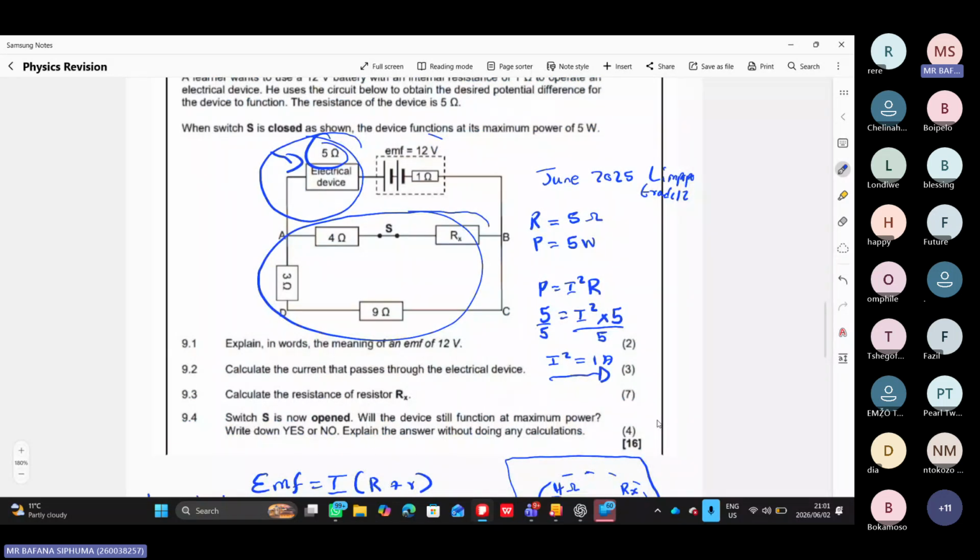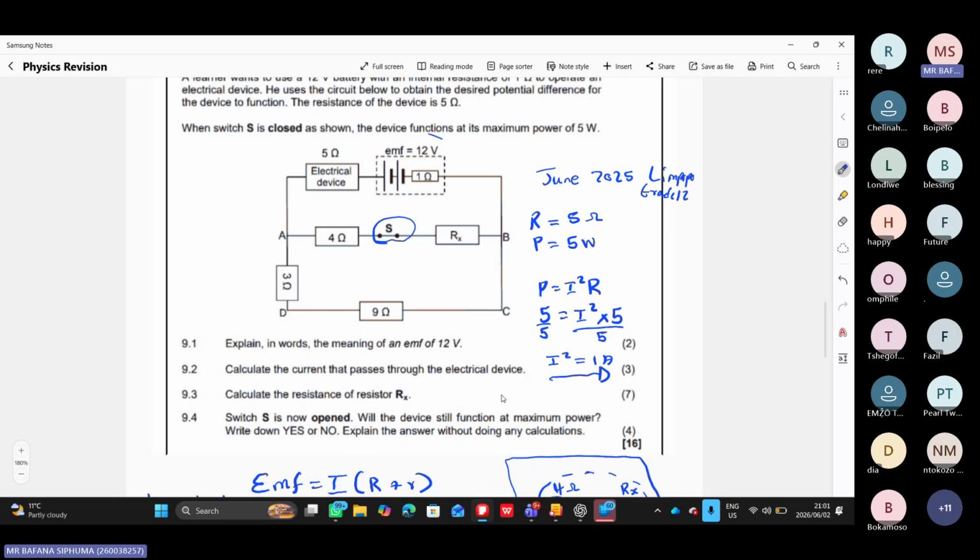Now here the question comes. Switch S is now opened, okay? This switch is open. Will the device still function at its maximum power? Write yes or no. Explain the answer without any calculation.